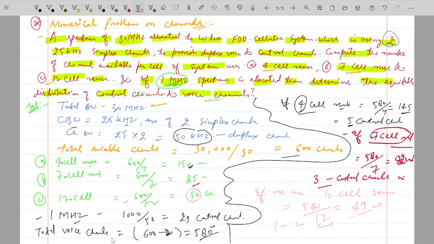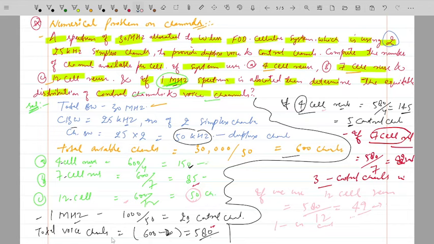So that is why we use fewer control channels. In case of 4 cell reuse, in every cell we use 145 voice channels, and 5 control channels are used in every cell.